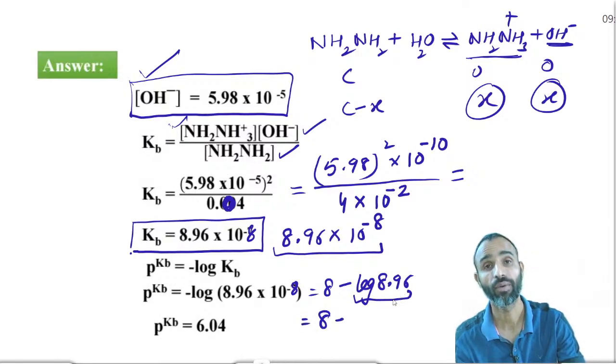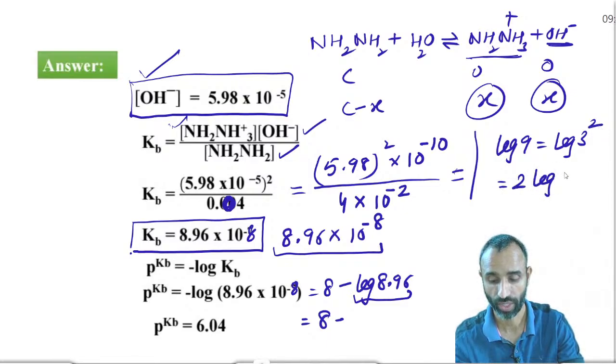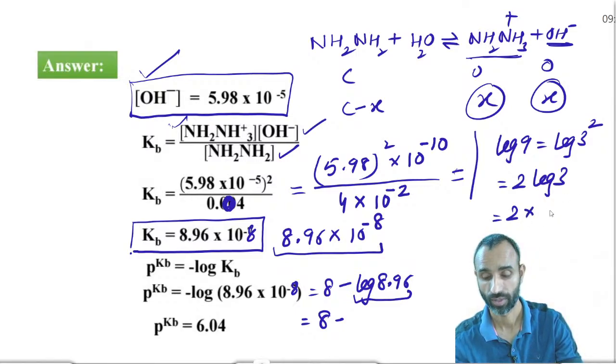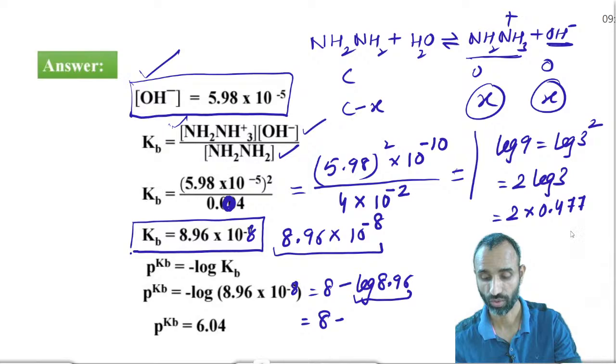What is the value of log 9? Log 9 is equal to log 3 raised to power 2, that is 2 log 3. What is the value of log 3? It is 0.477.